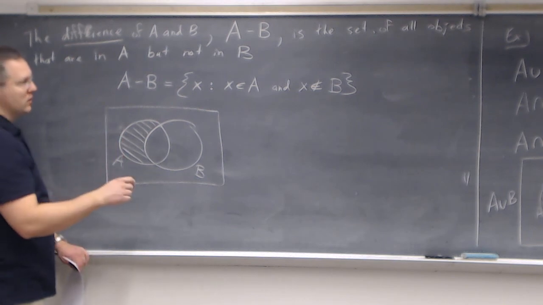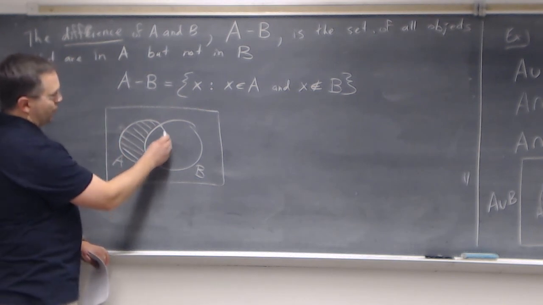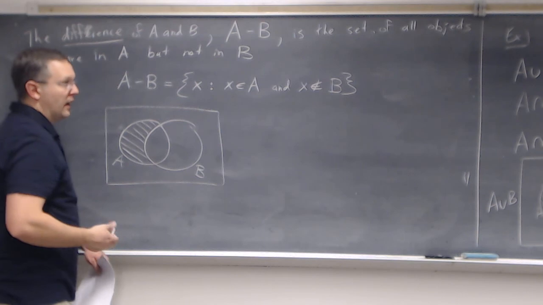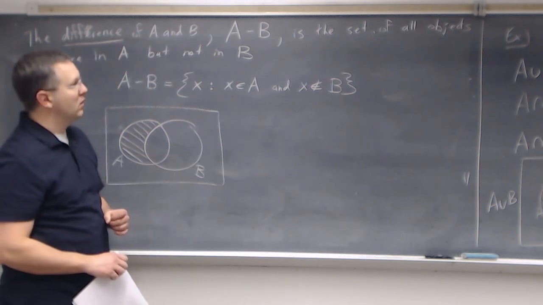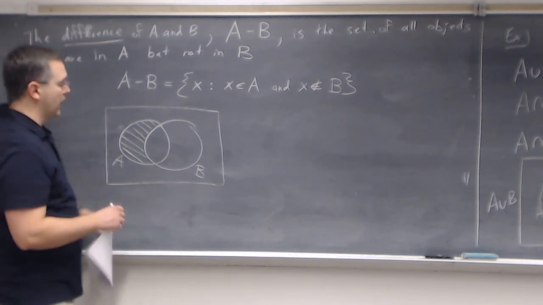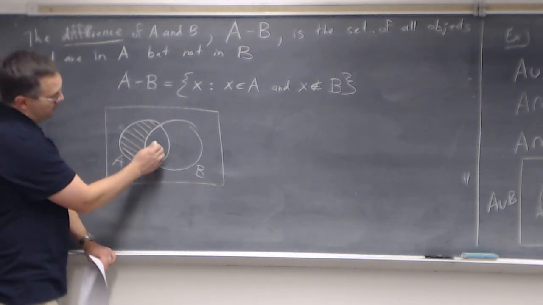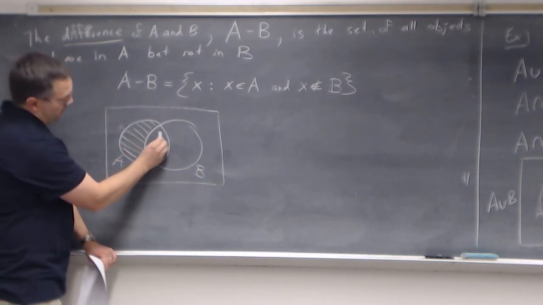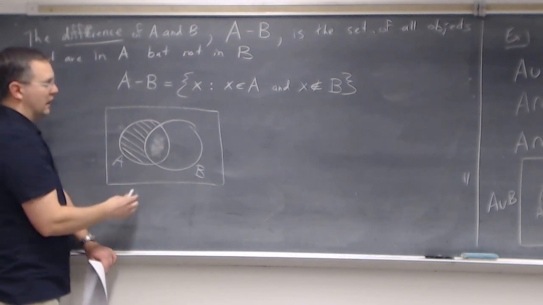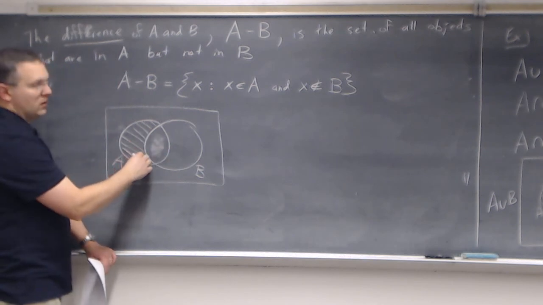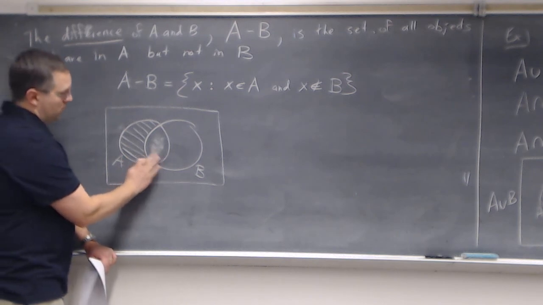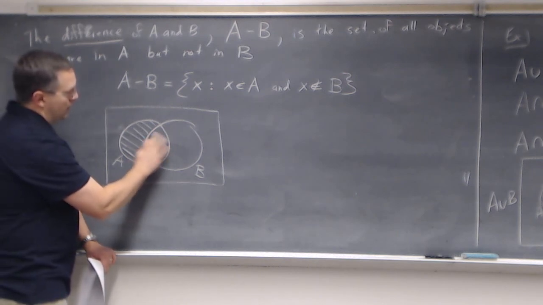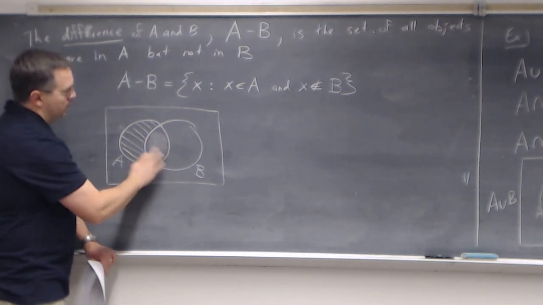And so your question was, look at this. If you took all of A and you subtract off the picture for A intersect B, what do you get? You get this, right? This piece right here is A intersect B. He asked, is this the same as A minus A intersect B? Yeah, A minus A intersect B.